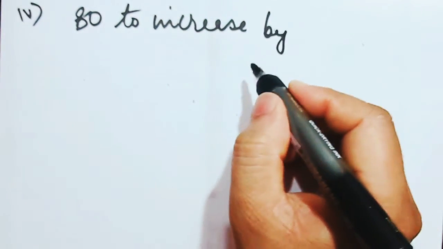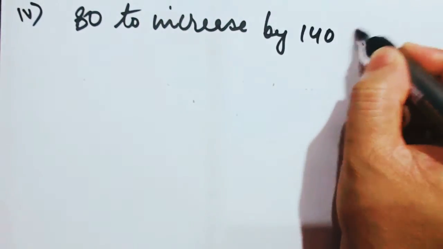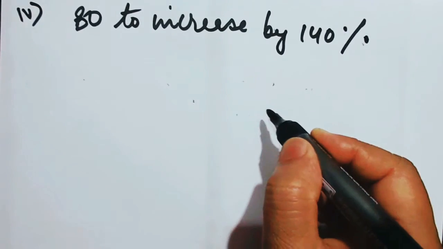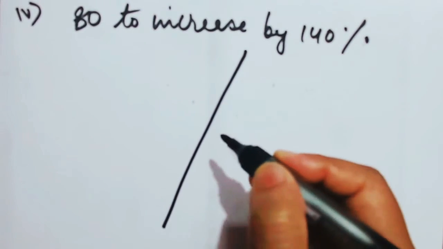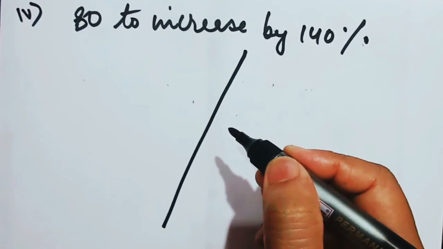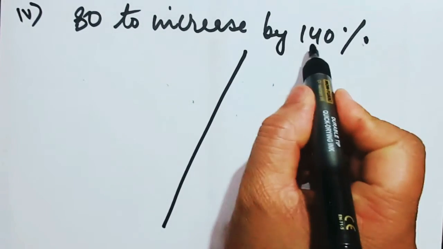For example, 80 to be increased by 140%. As I said, we shall be doing it by both methods.